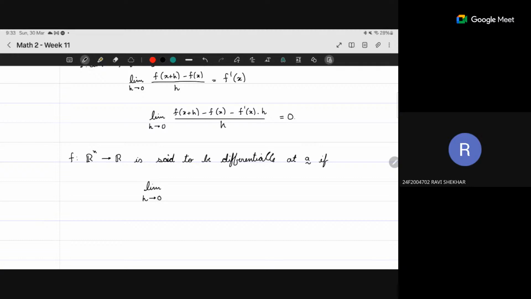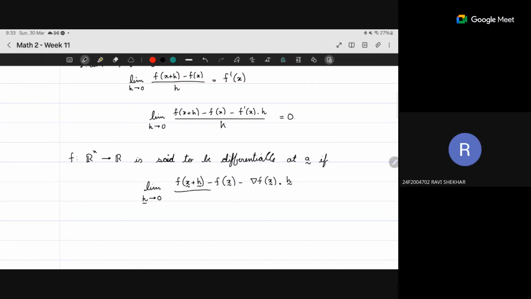Now h is a vector. You know how to take limits along vectors. And I can add two vectors, right? Now h, let me just put a tilde under the h to emphasize that this is a vector. Instead of f prime x, I'll just have nabla f at x tilde dot product with h tilde. So far, so good. All of these symbols make sense and they are a direct analog of the one-dimensional case.